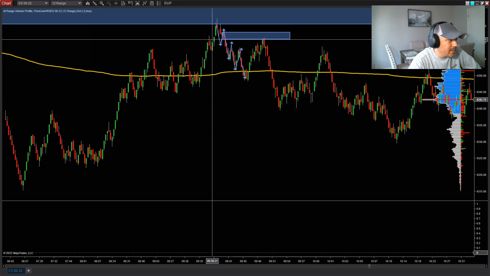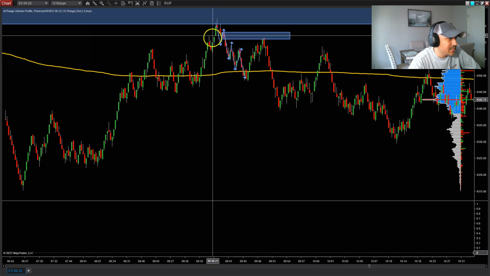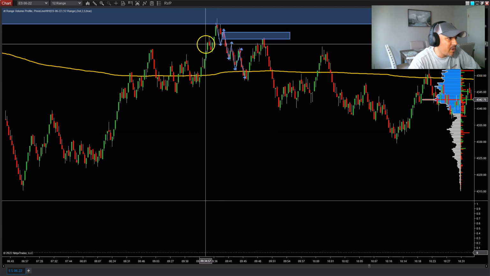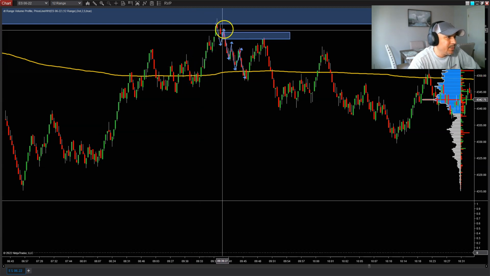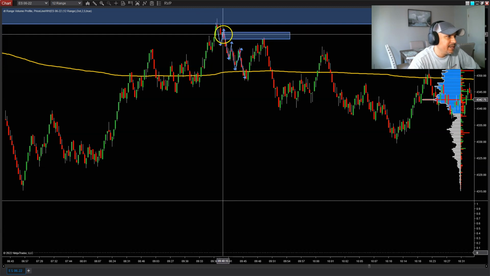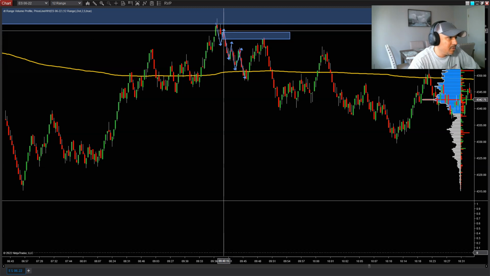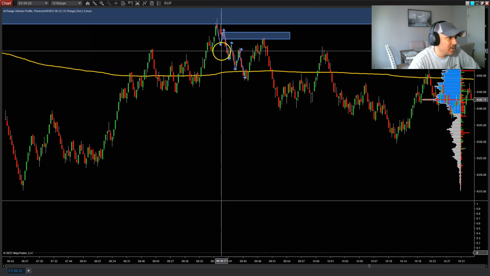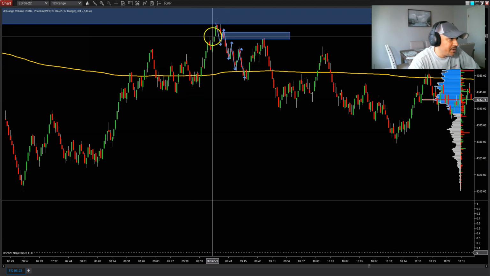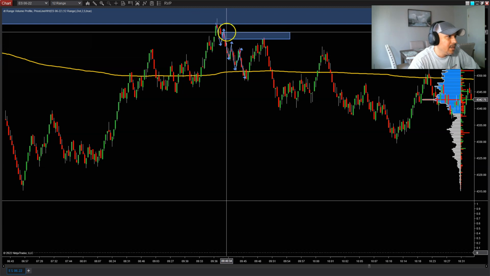Remember I said in step 2, you have to see price making structure to the downside and breaking structure where previously price was pushing to the upside. So it does it within this swing right here on the way down. Pushes lower, pulls back, that green candle there turns around on a little pullback, breaks, makes a lower low, breaks that little low there, makes a lower low, takes out structure here. Takes out this swing right here.